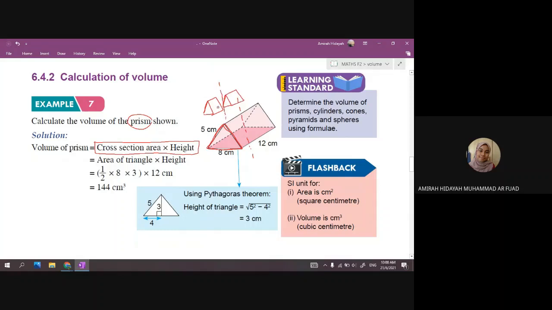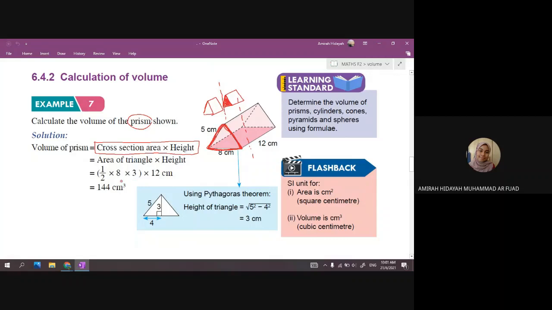Dekat tempat kamu potong, nampak tak? Kamu dapat bentuk triangle kan? So that's why cross section dia sama bentuk dengan base prism ni. So yang ni lah dia punya cross section. Cross section ni adalah area of triangle ni lah.